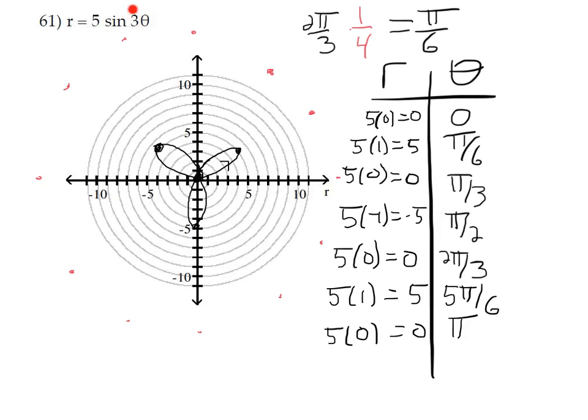If this is an even number, had it been 4, we would actually end up with 8 petals. It doubles. When it's an even number, you get double that many. If it's an odd number, you get that many. And still, the basic pattern is find the period, 2 pi thirds, divide it into 4 parts, reduce to pi sixths, go by equal spacings of pi sixths, and you get all the key values that you need.